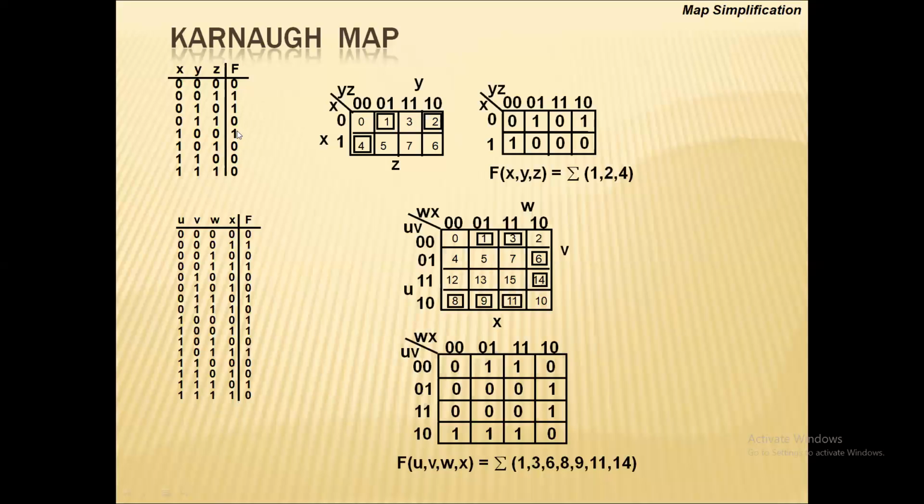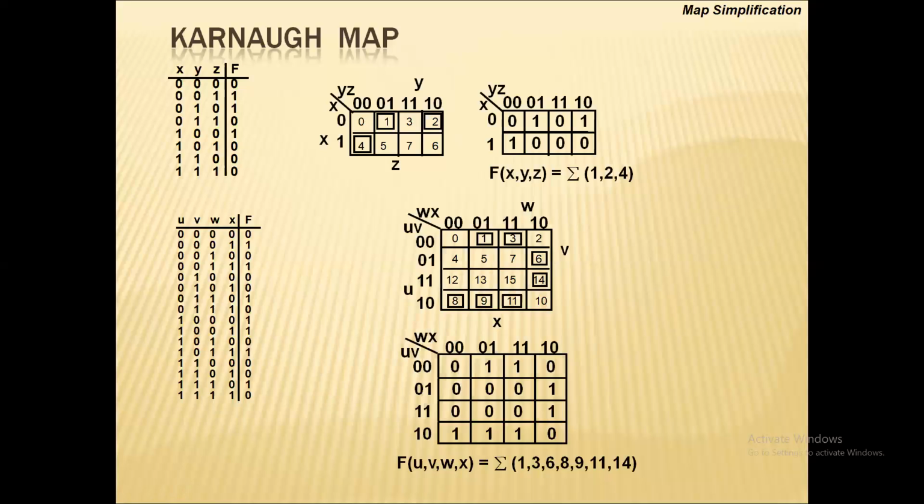Then this fourth cell is now valid. The rest are all zeros for min terms. So here is 1, here is 1, here is 1. In this way we put the ones in the cells of the K-map.